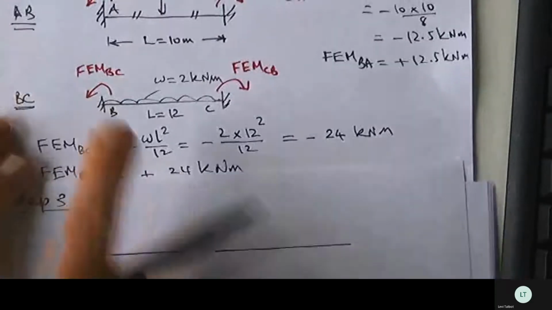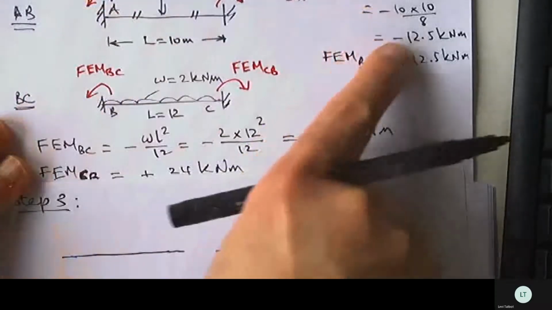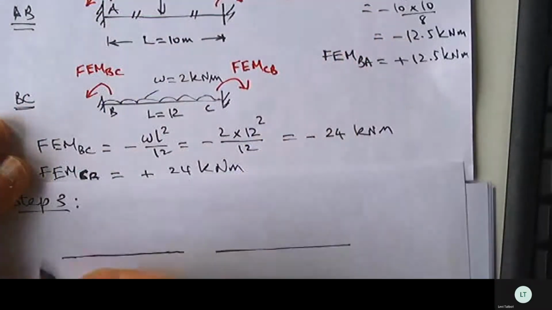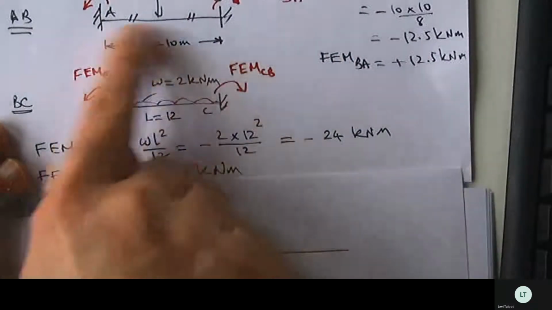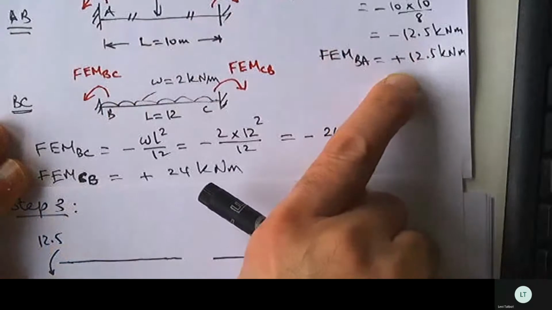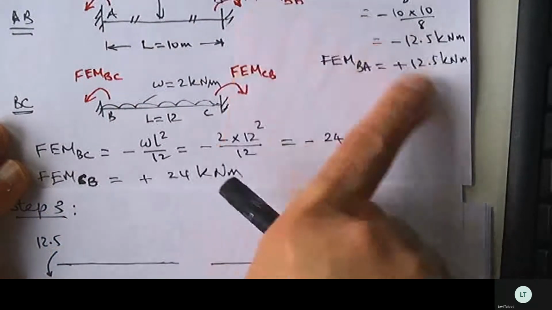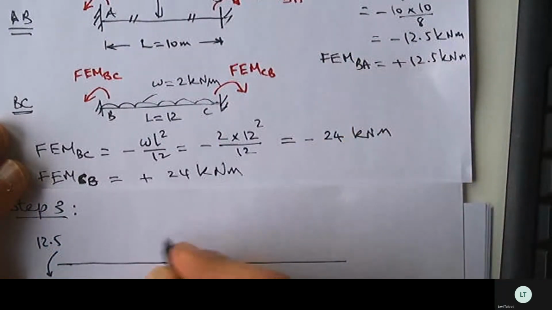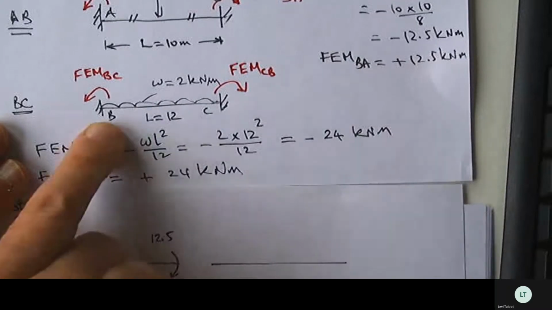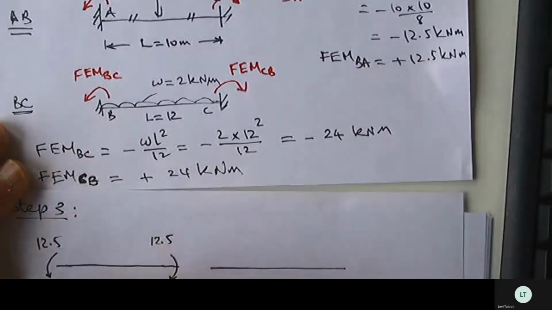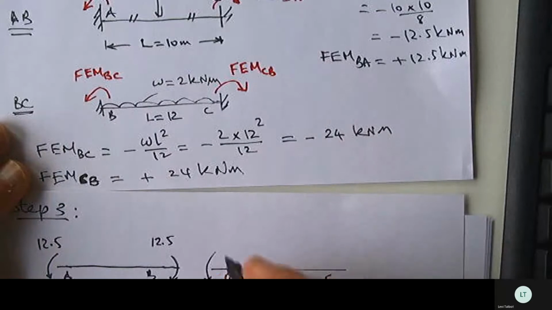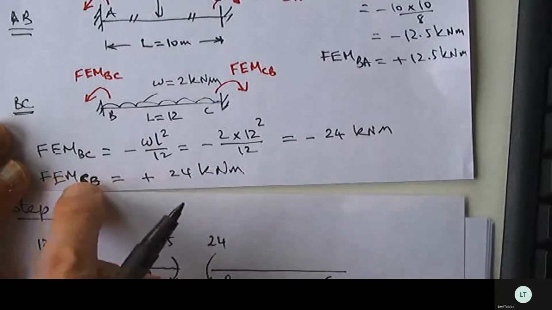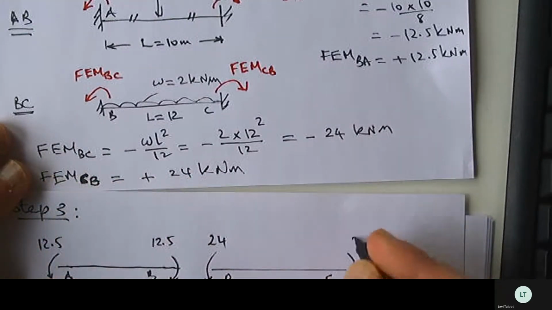So at A, we have a moment of 12.5 anti-clockwise. At B here, we have a moment of clockwise 12.5. At B here, for BC, we have minus 24, and finally at C here, we have 24.